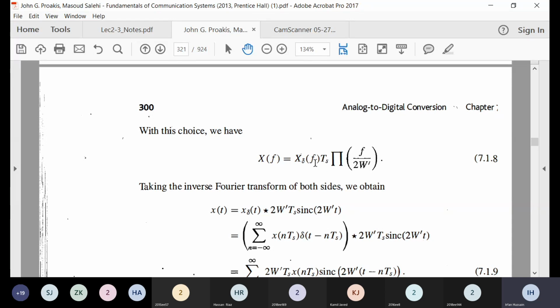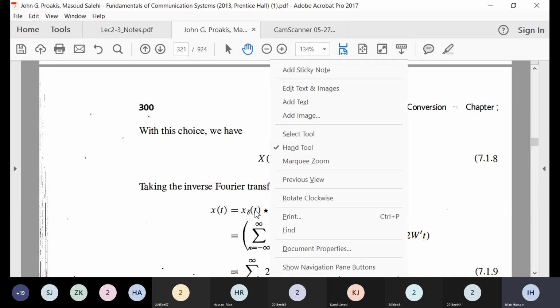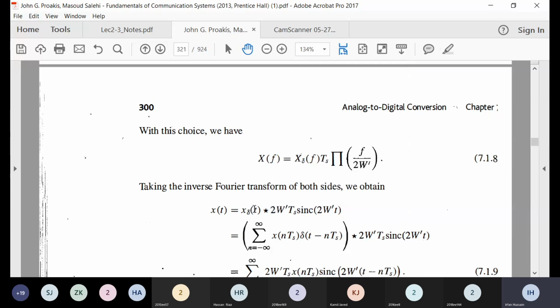So x tilde of f is actually x tilde of t. Multiplication becomes convolution, and rect of f over 2W we have seen many times.